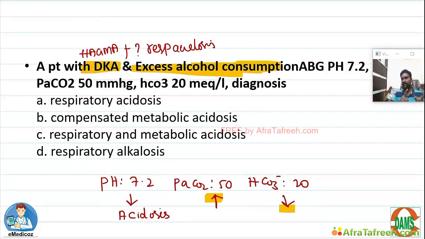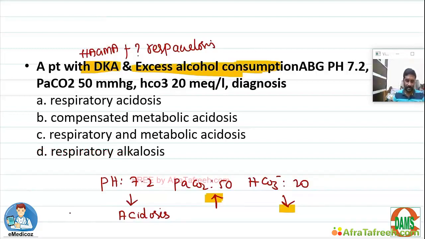And most importantly is the history here. By history, there is metabolic acidosis in terms of bicarbonate decrease, and CO2 is increasing in terms of respiratory acidosis with respect to excess alcohol consumption. So most probably it should be a mixed acid-base disorder, both respiratory acidosis and metabolic acidosis.